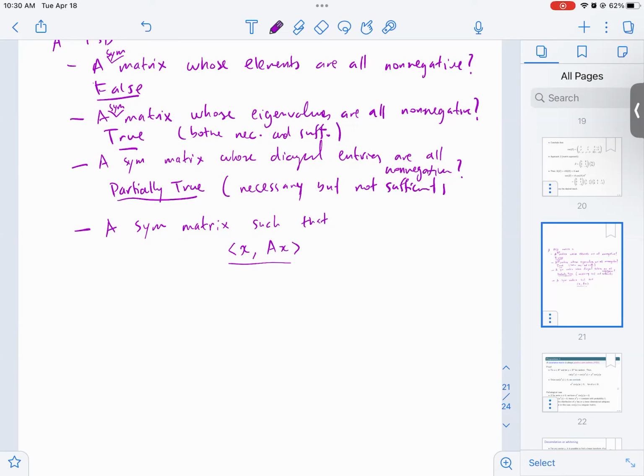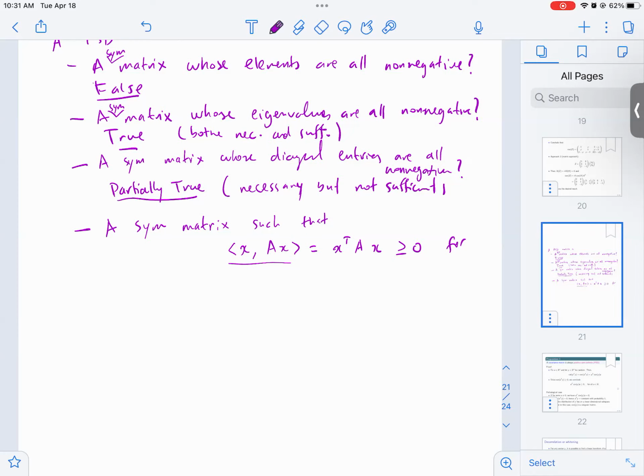These are close characterizations, but you don't need the vector to be non-negative. So x transpose AX has to be non-negative for all x in the reals, for all vectors. So the inner product of x and AX has to be non-negative.